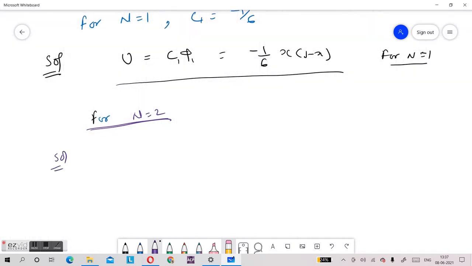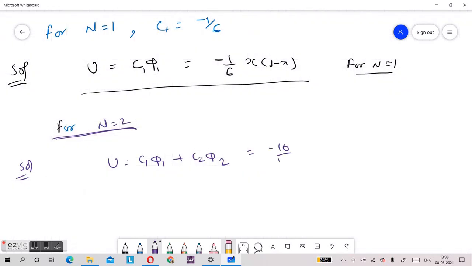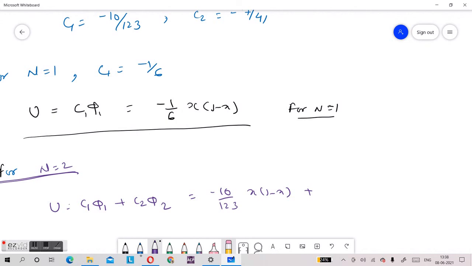So this is the way we write the solution of a differential equation in the Rayleigh-Ritz method. Okay, so what we calculate is c1 phi 1 here. c1 is minus 10 upon 123, and the value of phi 1 is x 1 minus x, plus the value of c2, which is minus 7 upon 41, and the value of phi 2 is x square 1 minus x.